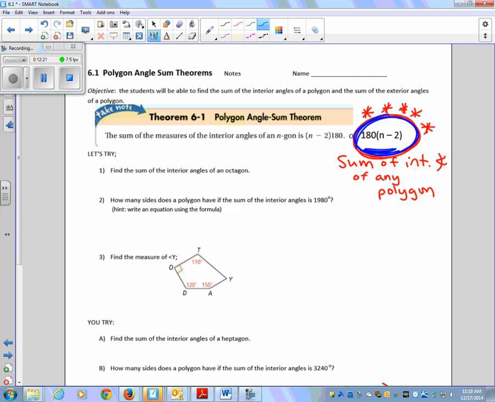So there's lots of ways they can ask questions referring to that. We're going to do these first 3 together. Find the sum of the interior angles of an octagon. This is probably the most basic way of applying this formula. If it's an octagon, what's n? What's n if it's an octagon? 8. Good. So we're just going to do 180 times 8 minus 2. Because 180 times n minus 2 equals the sum.